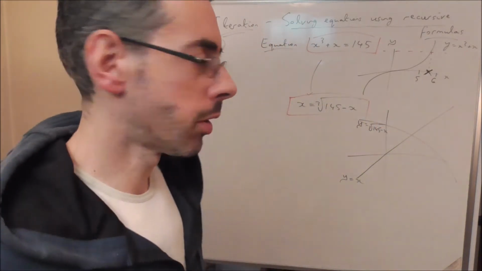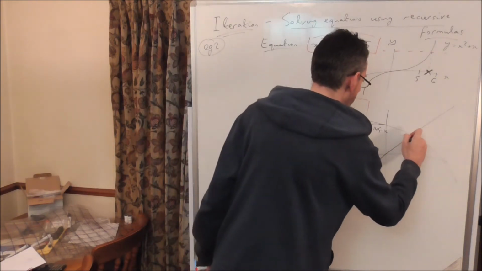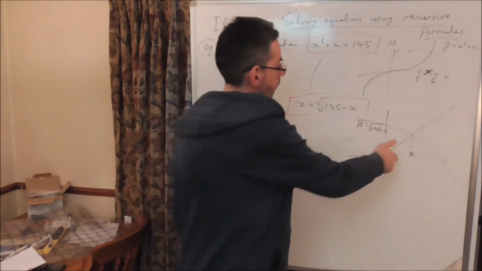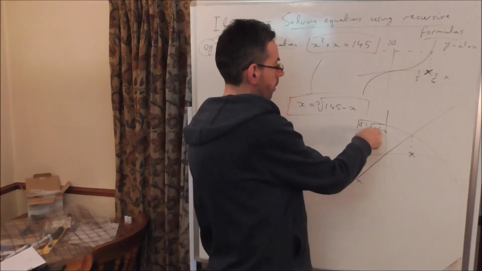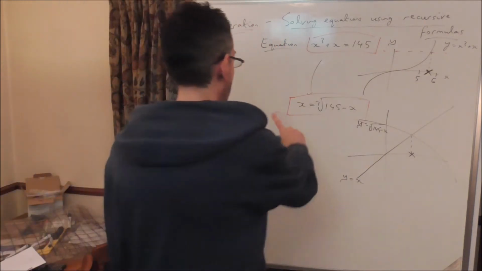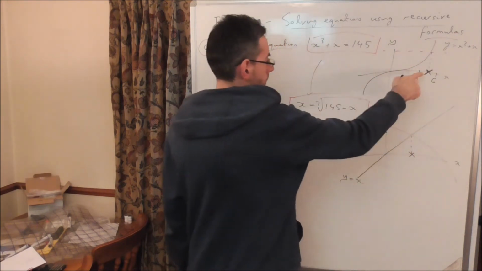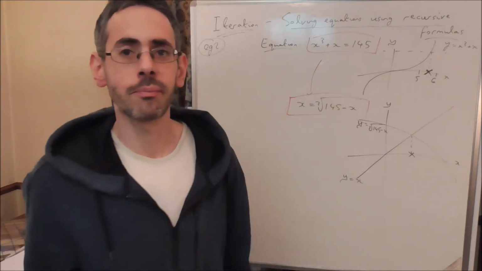And the graphs cross in one place, and that tells you that this equation has one solution. So this particular x value. This is the x value where the y values are the same. In other words, where x equals the cube root of 145 minus x. So it's the solution of this equation. And it's the same number as that number there, because these equations are the same. They're just rearrangements of each other.